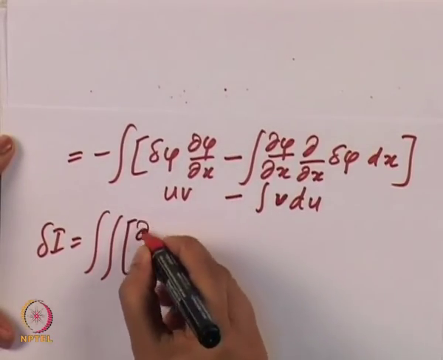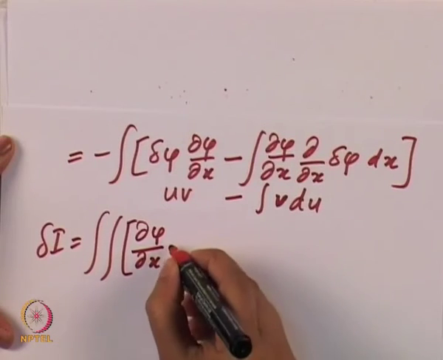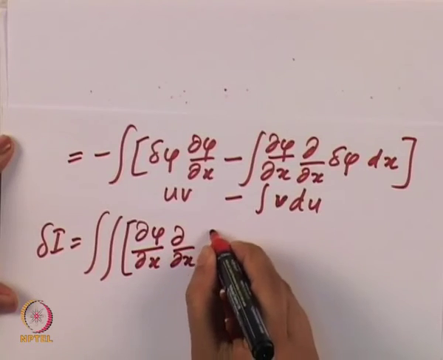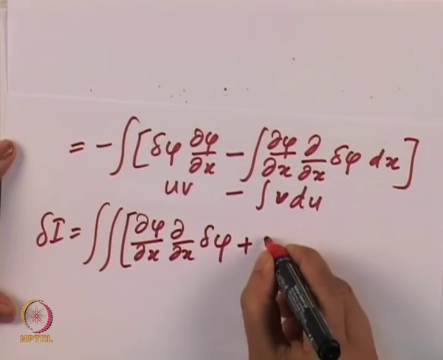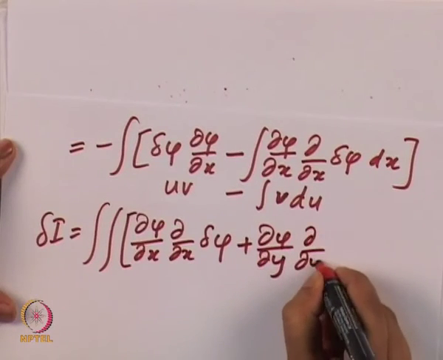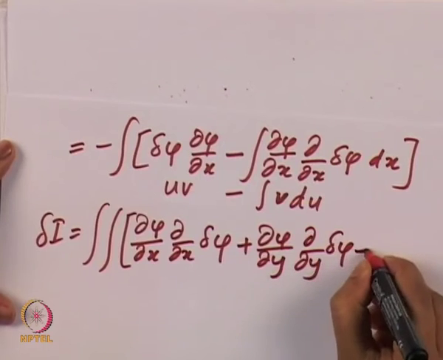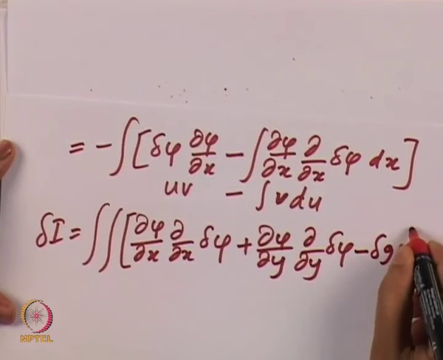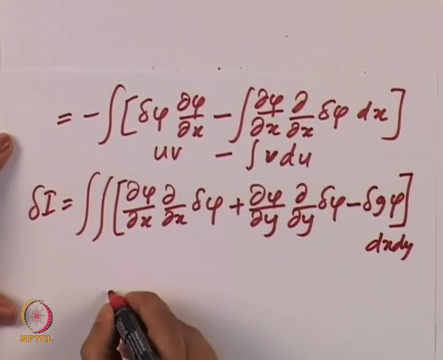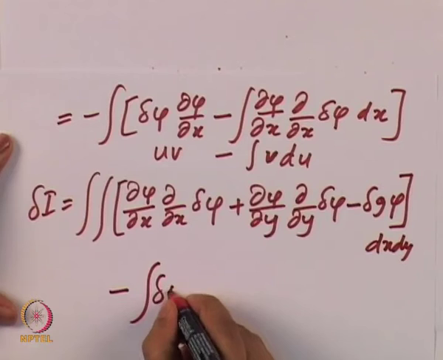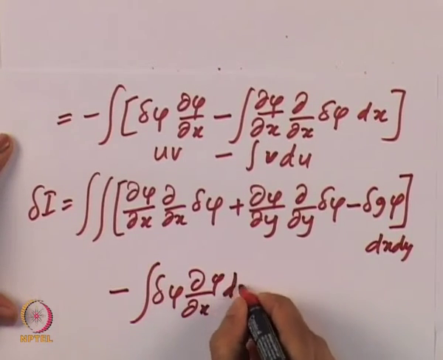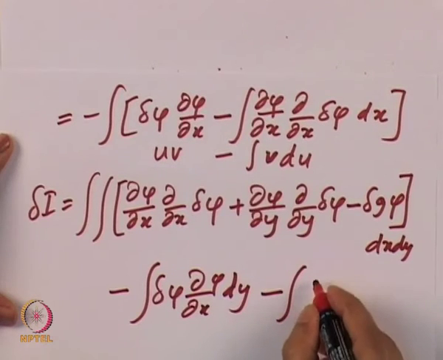Applying the integration by parts, I will get an expression which is similar to this: partial differentiation with respect to x, partial differentiation with respect to x again of phi plus d phi by dy, d by dy of phi minus dg phi multiplied by dx dy, minus integral the small variation multiplied by the partial differentiation with respect to x dy minus the same thing with respect to x.